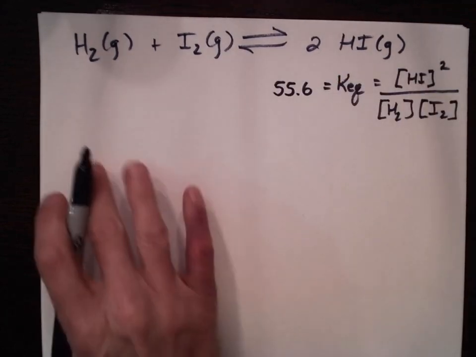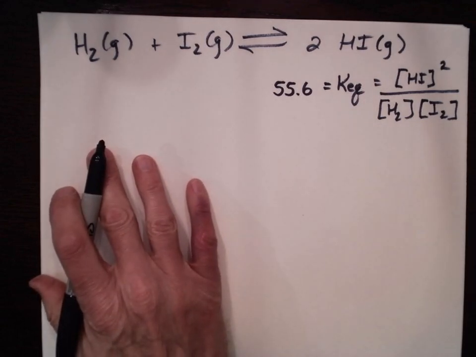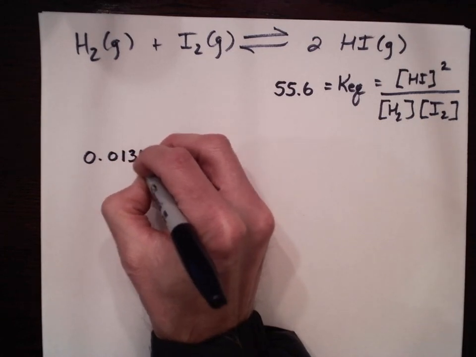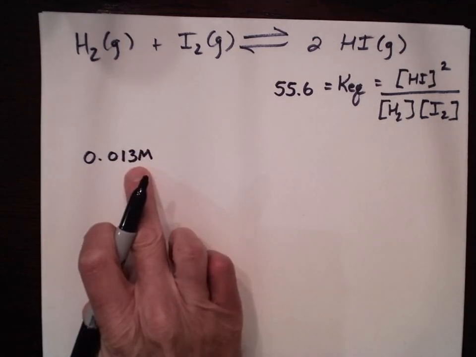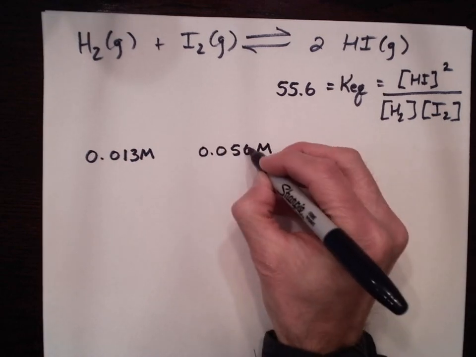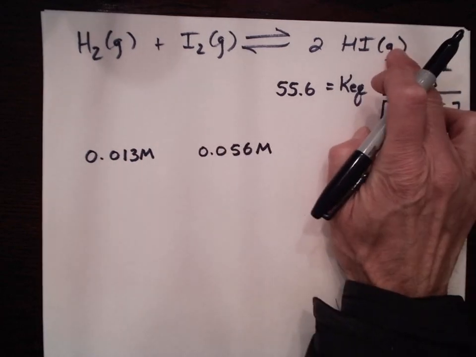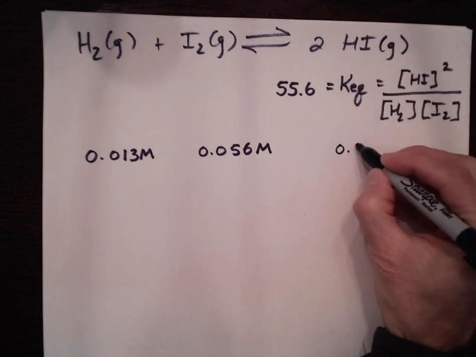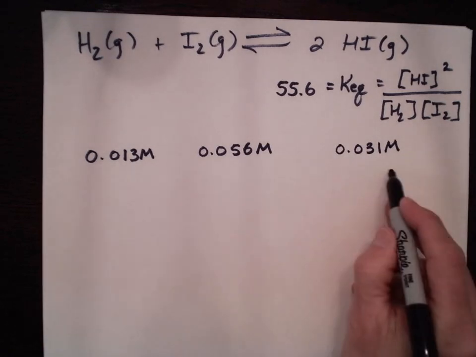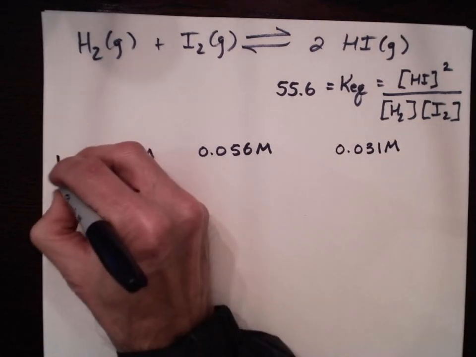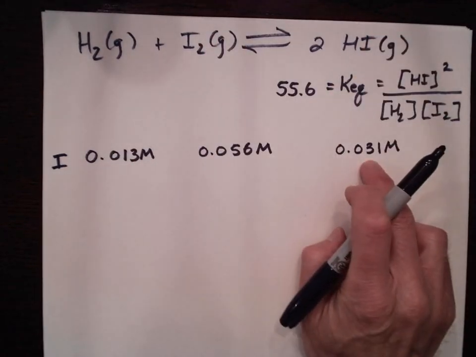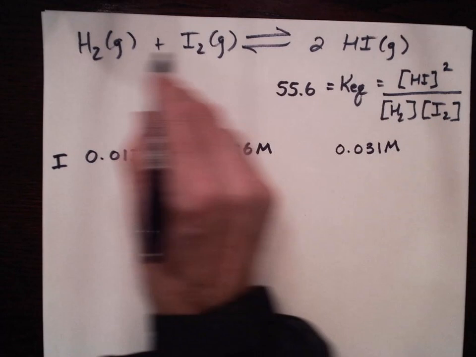And let's assume that we have the conditions where the concentration of hydrogen is 0.013 molar. The concentration of iodine is going to be 0.056 molar. And the concentration of HI is going to be 0.031 molar. The question is, if this is my initial condition of hydrogen, iodine, and HI, is this system at equilibrium?